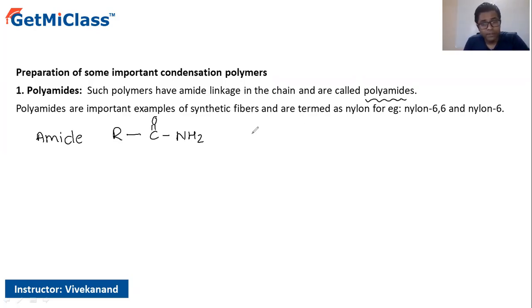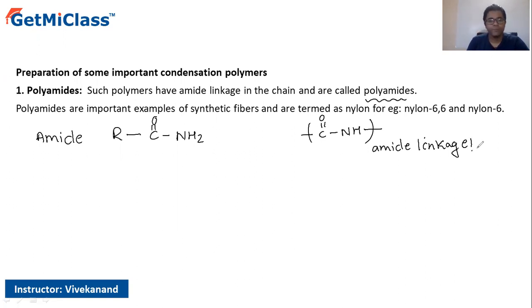So therefore, here these polymers have the amide linkages. That means it has C double bond O, NH. This is the linkage involved. So these linkages, we call them the amide linkages.